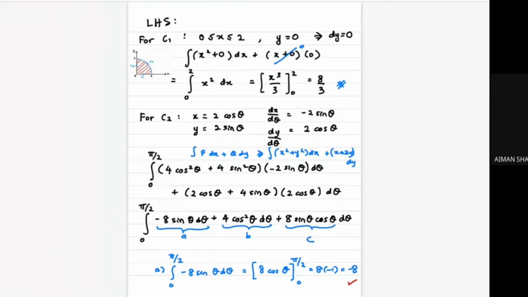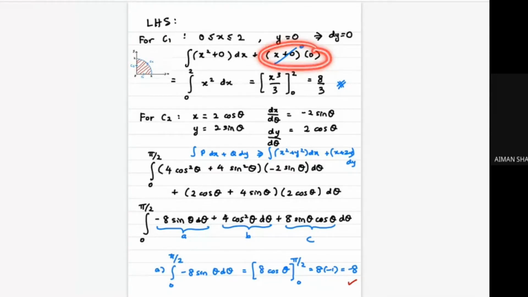Your P is x squared plus y squared, right? So you know y is equal to 0 for C1. Then just substitute 0 here. And then your Q is equal to x plus 2y, so x plus 2 times 0. And then dy is equal to 0.